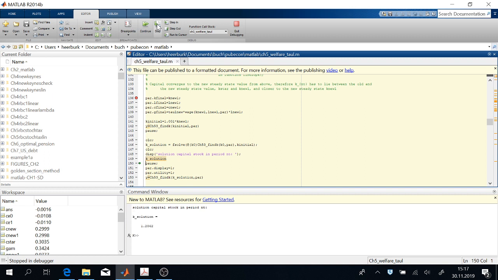So that's the value of the capital stock in period 40, K40, which implies a dynamic of the capital stock, when we iterate backward in time, that the capital stock in period 0 is equal to K star, our initial steady state capital stock.